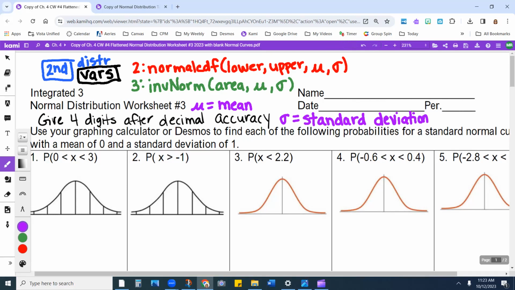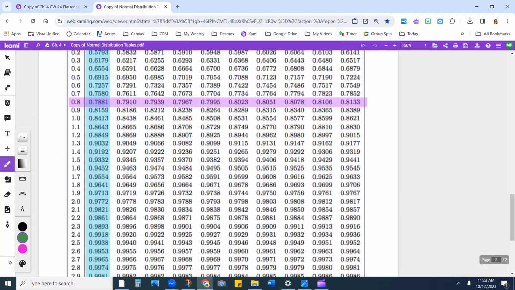Now, when do I use which one? The normal CDF is what we do when we would be looking at our table at a particular interval with our z-score, and we're trying to find an area or a percent or a probability.